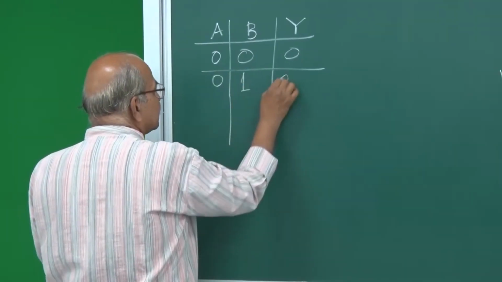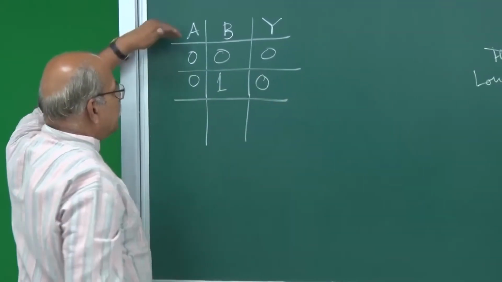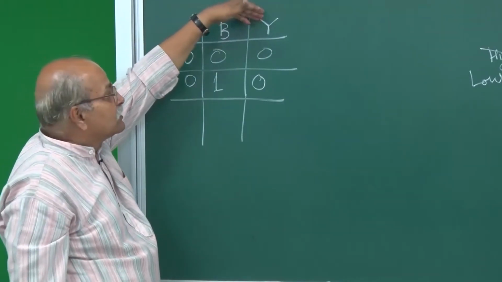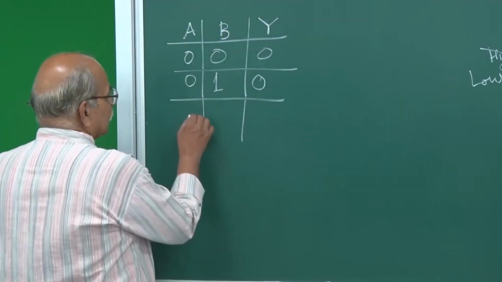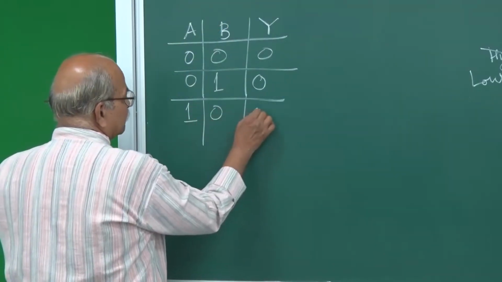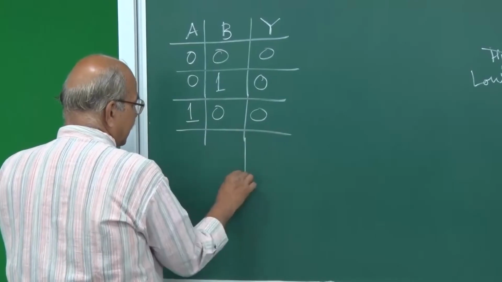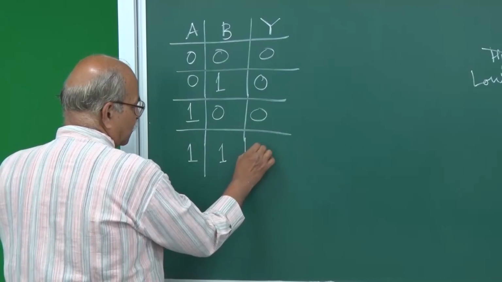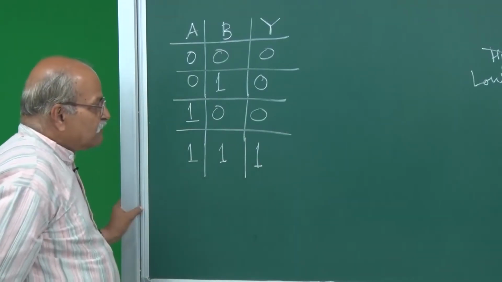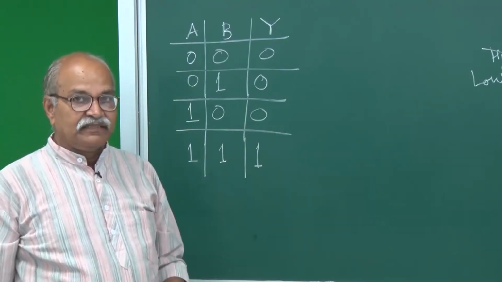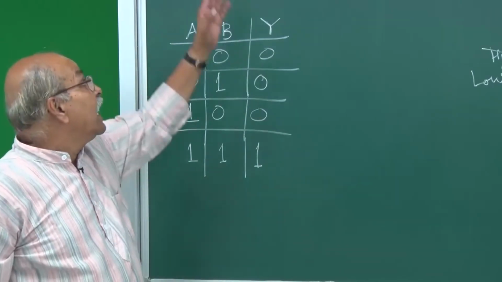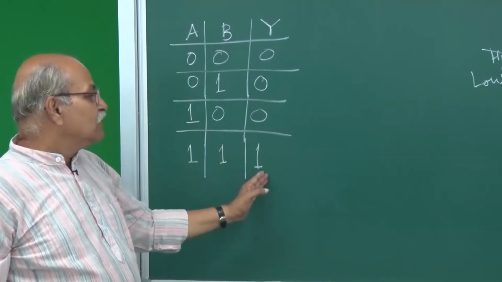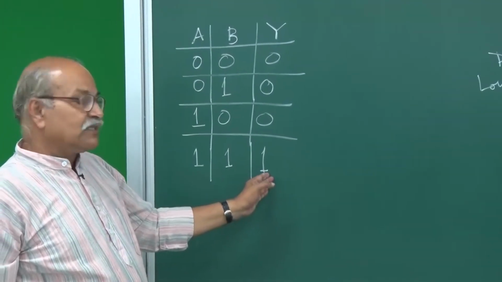If A is 0 and B is 1, still Y is 0, because A and B both should be high to give a high value of Y. So 1 and 0 gives 0, and 1 and 1 gives 1. A circuit of this kind is called an AND circuit. Both should be high, only then is the output high, otherwise it is not.